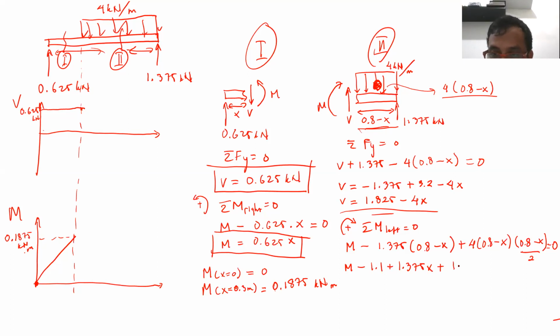This is the constants, 1.28. Then 3.2 plus, minus 1.6x. Okay.